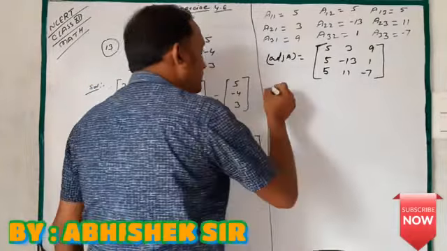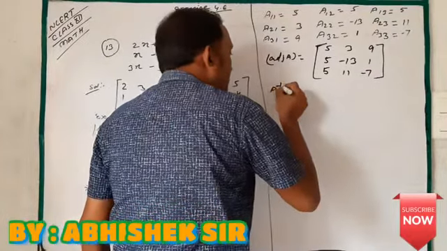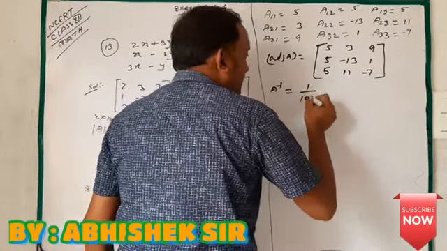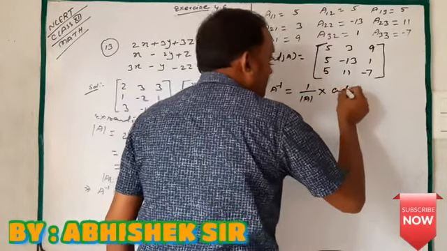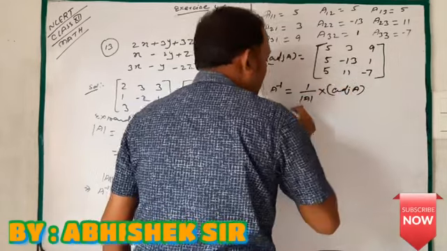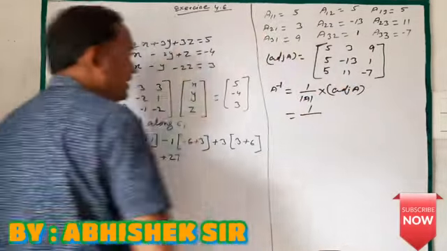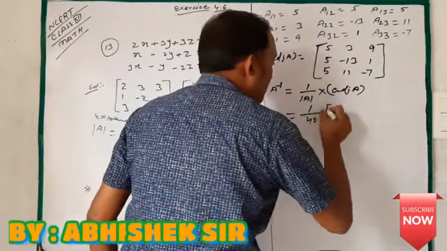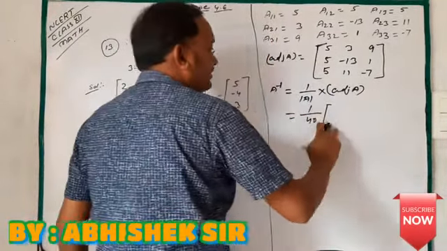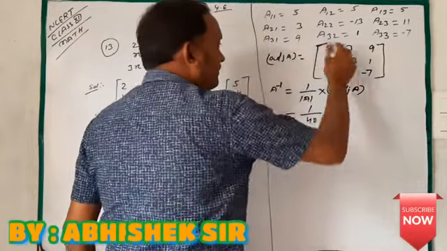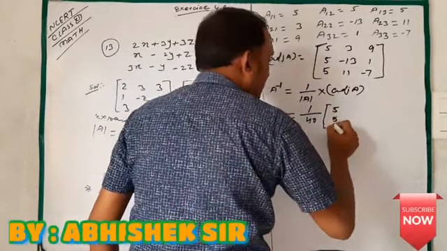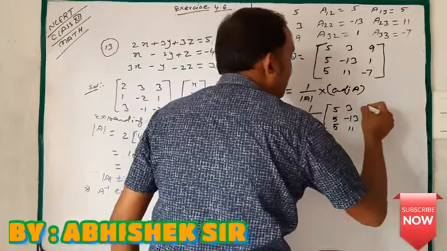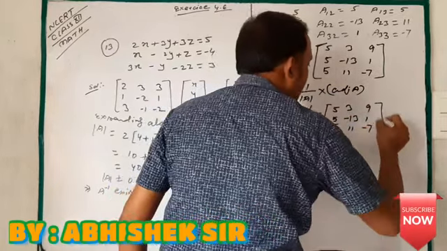Now A inverse is equal to 1 upon determinant of A multiplied by adjoint of matrix A. Here, what is determinant of A? Determinant of A is equal to 40. Adjoint, what is adjoint of A? 5, 5, 5, 3 minus 13, 11, 9, 1 minus 7.